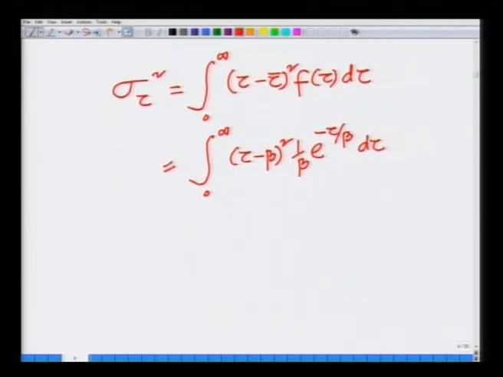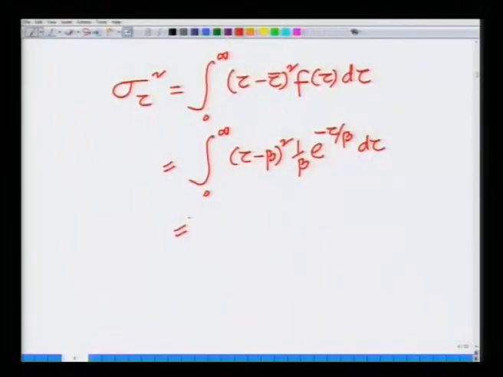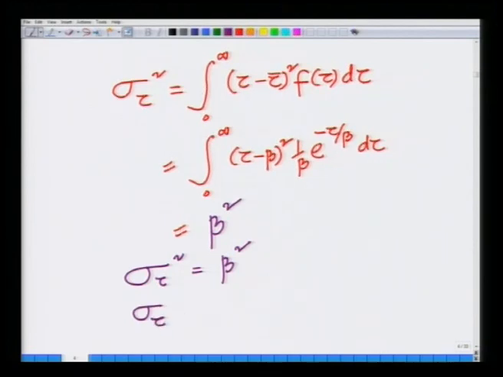I will not compute this integral explicitly here, but you can compute it and verify that its value is beta square. So, sigma tau square is beta square, and sigma tau is the square root of beta square, which is beta, equal to 1 microsecond.